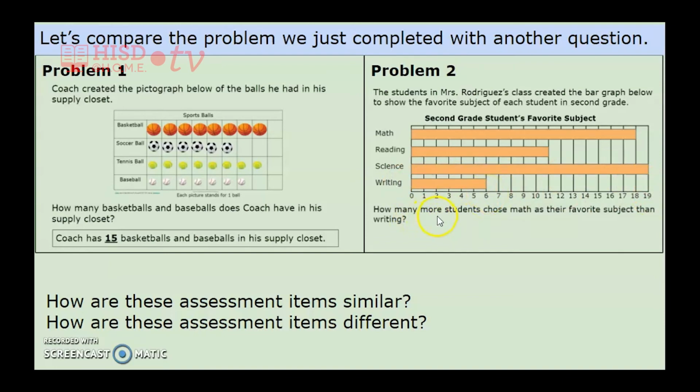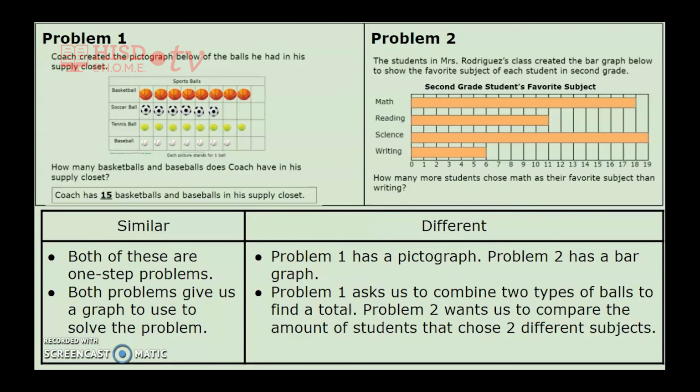So now, how many more students chose math as their favorite subject than writing? I want you to think about that before we move on to discuss the similarities and the differences between problem 1 and problem 2. Let's continue. They're similar because both of these are one-step problems.